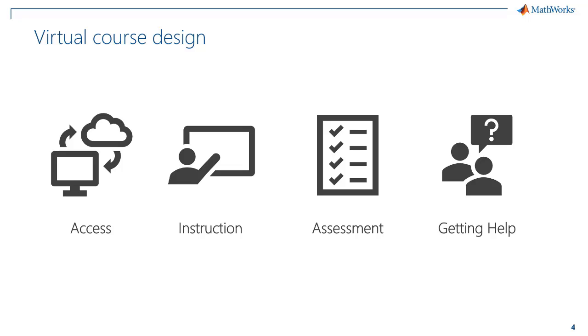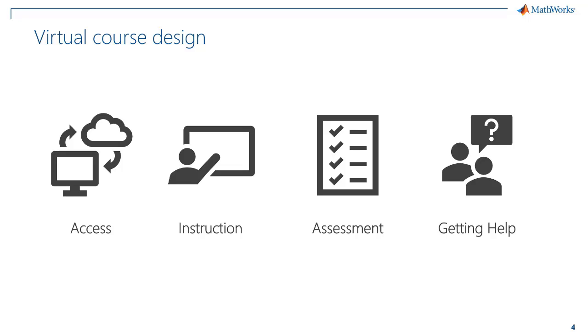If we take the example I just spoke about, we can sort course design into 4 categories. First, we need to make sure everyone has access to the tools they need. In this case, we'll be discussing access to MATLAB, Simulink, and toolboxes. Secondly, we need to successfully communicate and share information with our students, whether it be online or in person.